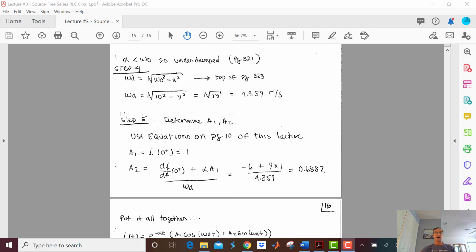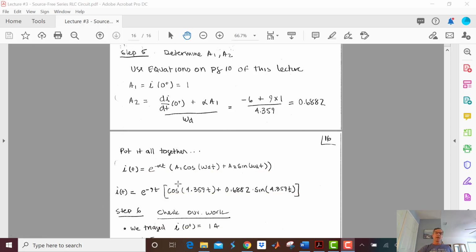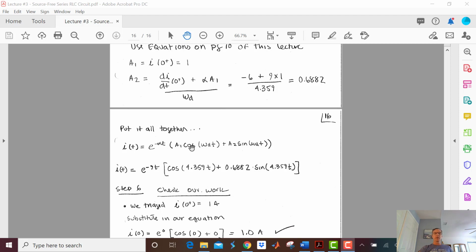A2 is di dt, this expression here that we calculated, and we're going to put in the value that we got for A1, and we'll put alpha in there. We're going to put our initial conditions in there, and we're going to mix it all up, and we're going to get 0.6882. And we're going to put all that together, and here's our general equation for our underdamped case. Let's put our specifics in. Here's our answer.